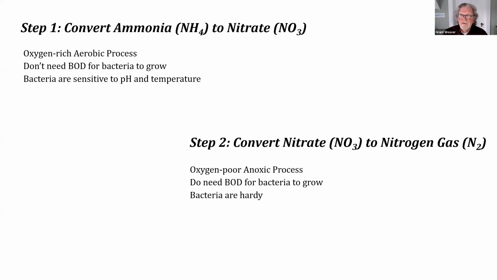So notwithstanding the fact that the bacteria are hardier in this second step, more often than not, I see this as the one that fluctuates. And except for occasional process upsets, or those of you who are in the business doing this know the factors that upset your ammonia removal may be storm flows. It's really the second one that requires more time to keep it in line.